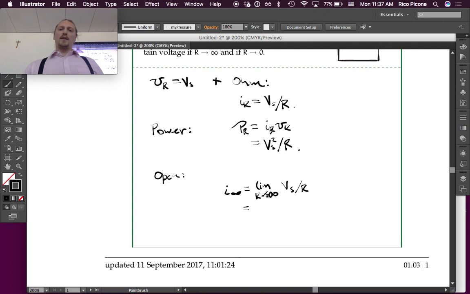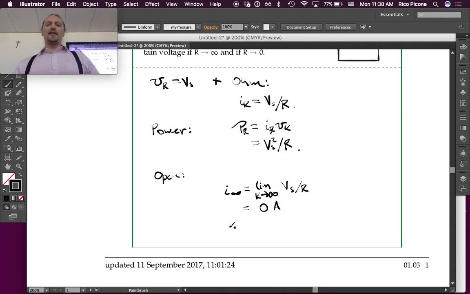As R goes to infinity, the fraction goes to 0, right? 0 amps. If you're flowing no current, that makes sense, right? It's disconnected. It's not going to flow any current.